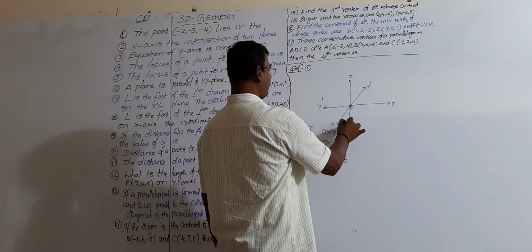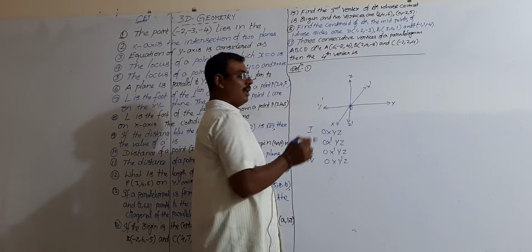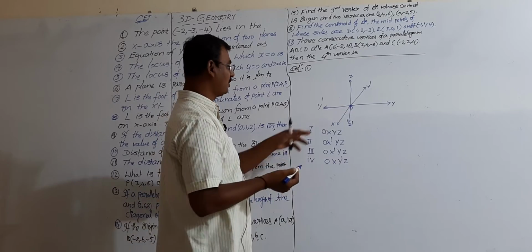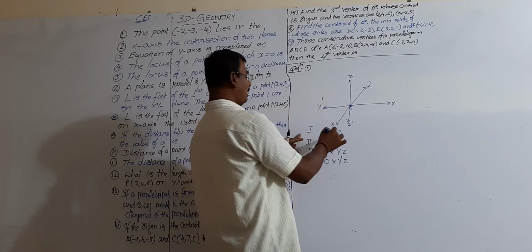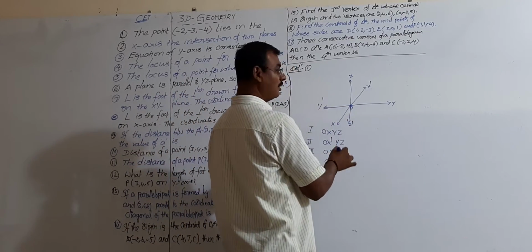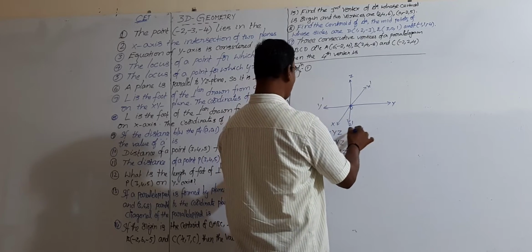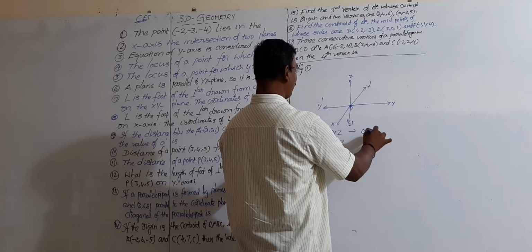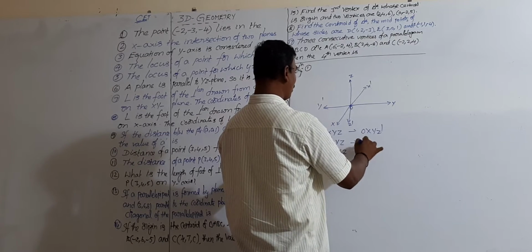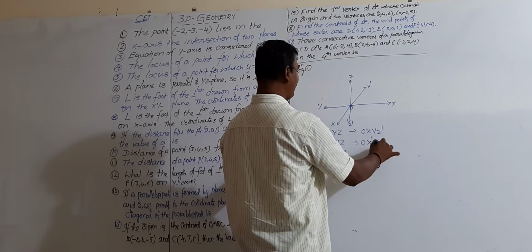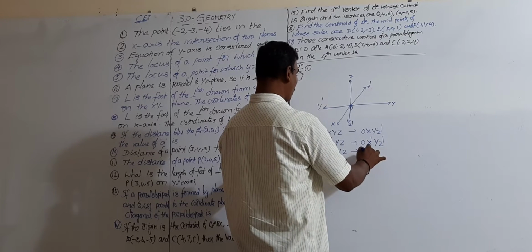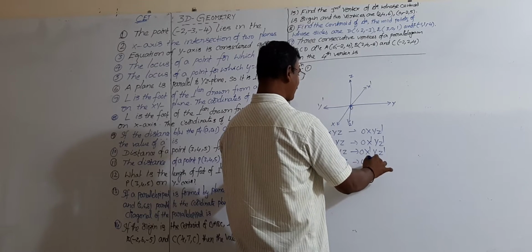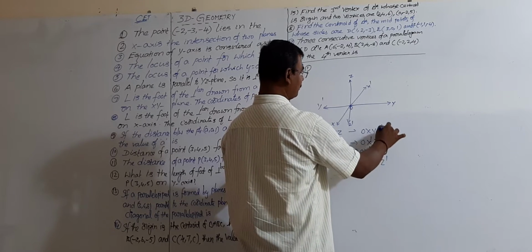Whenever I take the negative z-axis, we can define the remaining 4 octants. So, directly in the first, second, third octants, replacing z by z dash, this becomes O x y z dash, O x dash y z dash, O x dash y dash z dash, O x y dash z dash.